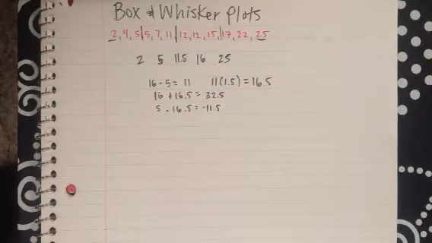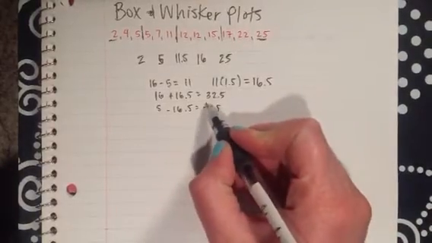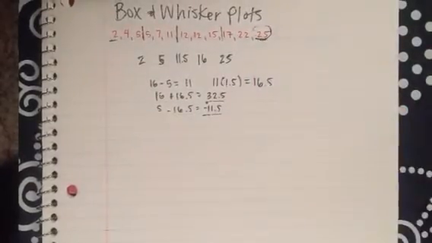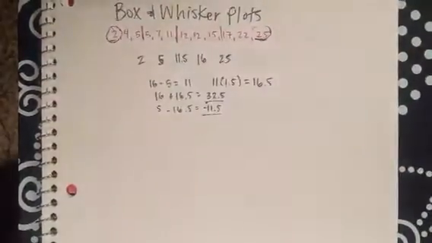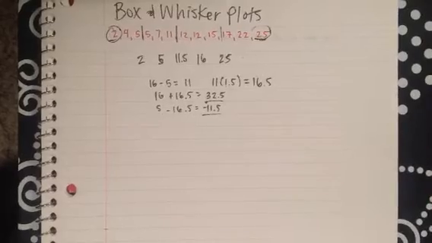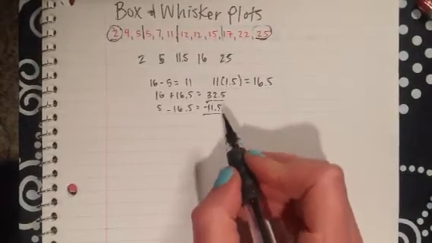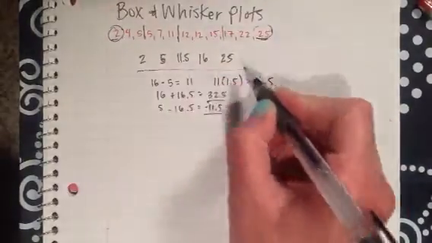Now that we have that, we know that none of our values lie above or below our outlier range, and so we can draw our box and whisker plot with our original 5-number summary.